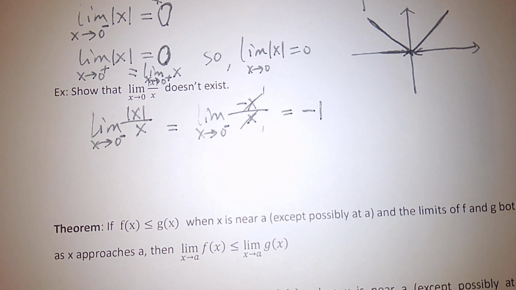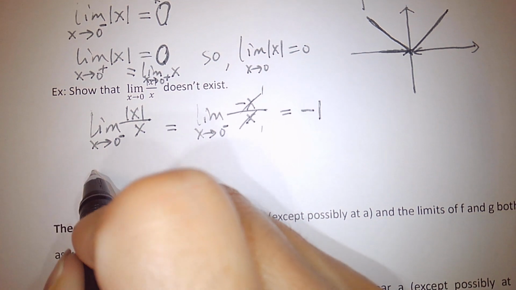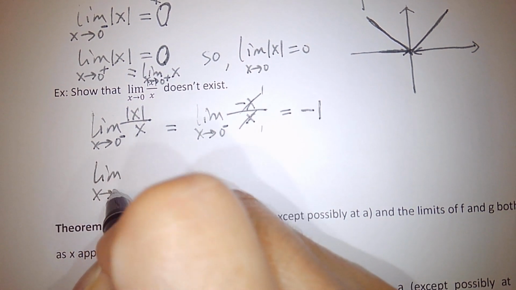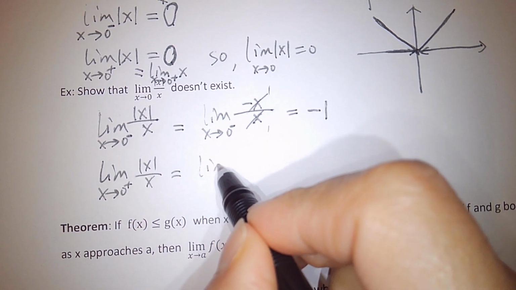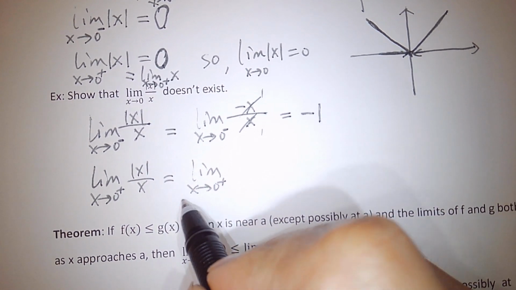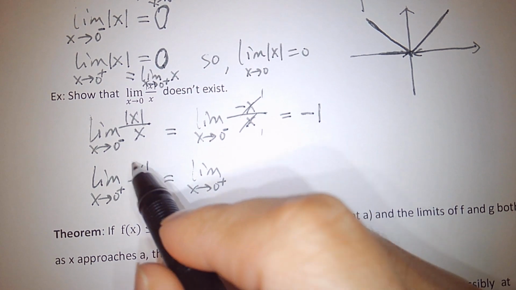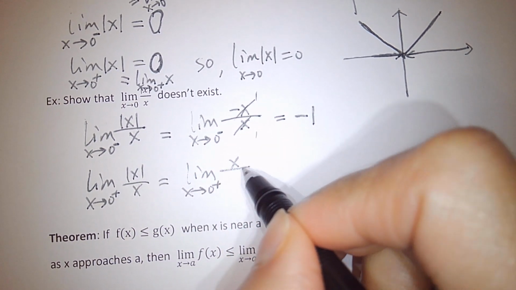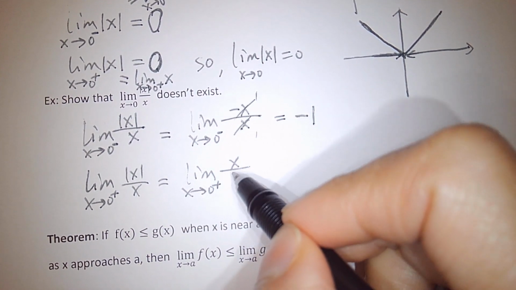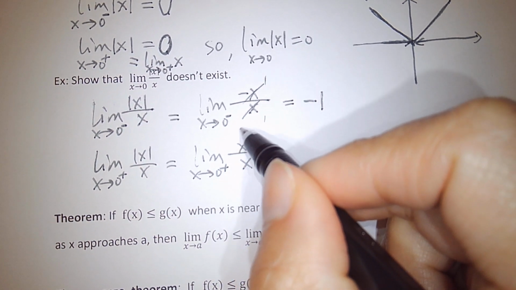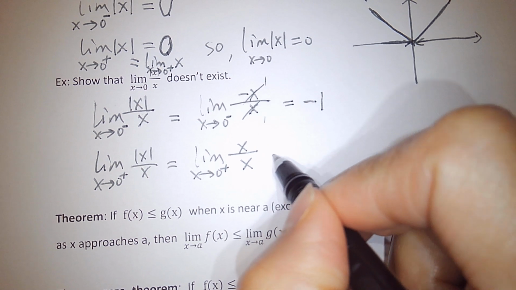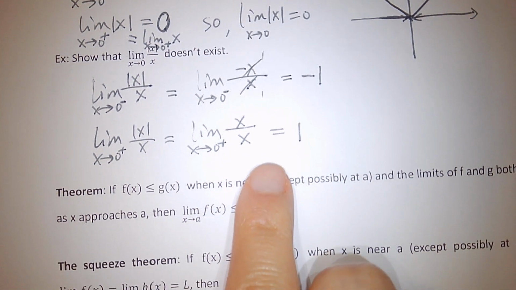Okay? And then the right-hand limit. Because x is positive, getting rid of the absolute value gives us x back, not negative x, and divide by x. X cannot be 0, right? So what do we have? 1.